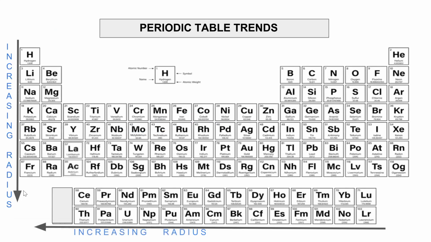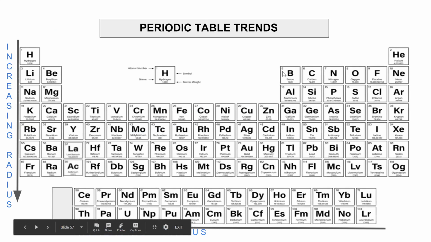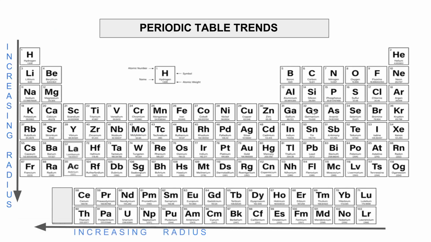I think a good strategy for these four, for example, is you always want to look by row first. So whoever is on a lower row will have a larger radius. So we can cross out silicon and phosphorus, for example, because they're sitting on a higher row. So we can focus on germanium and arsenic.